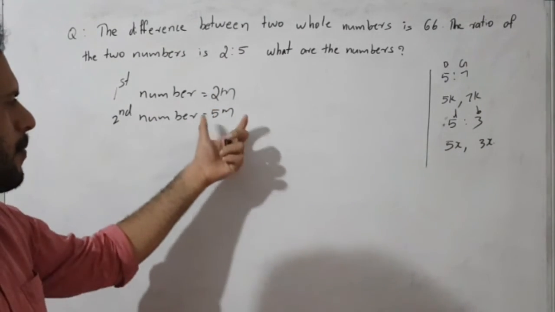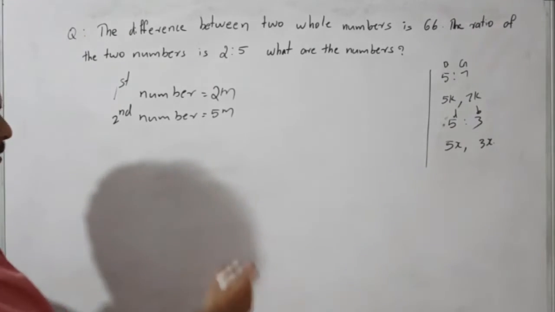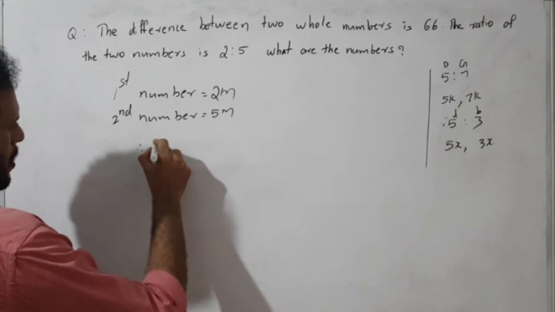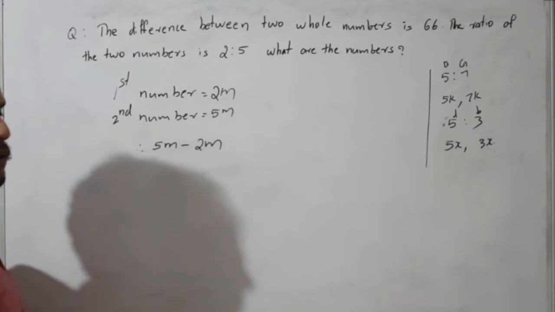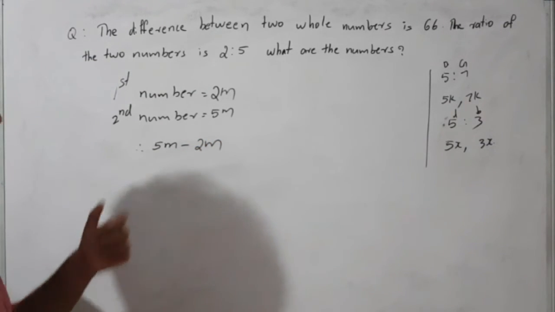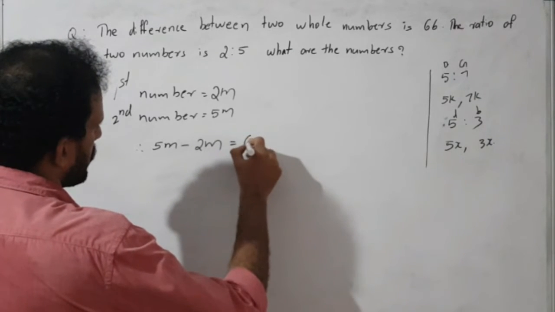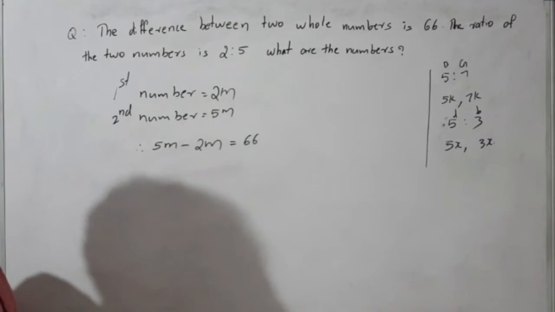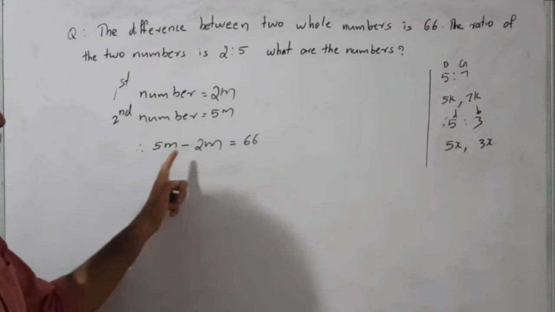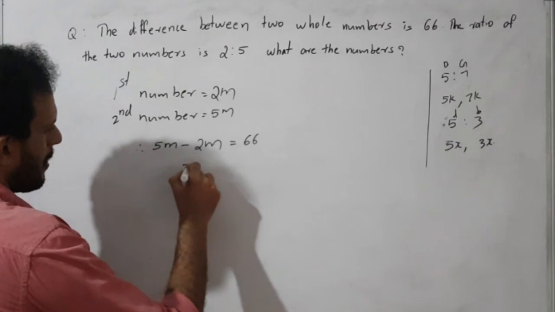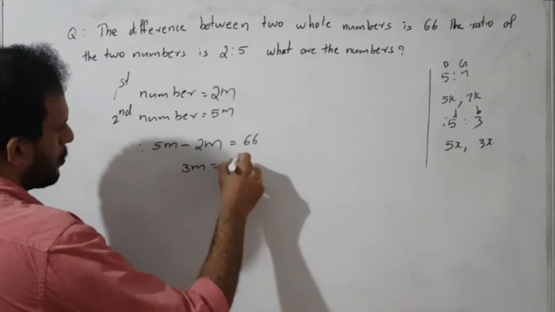It's very clear, 5m is bigger, correct? Therefore, the equation is like this: 5m minus 2m is equal to 66. Then 5m minus 2m is equal to 3m is equal to 66.